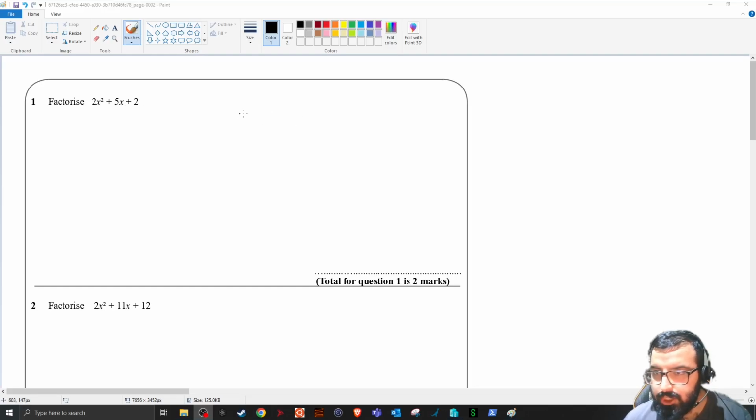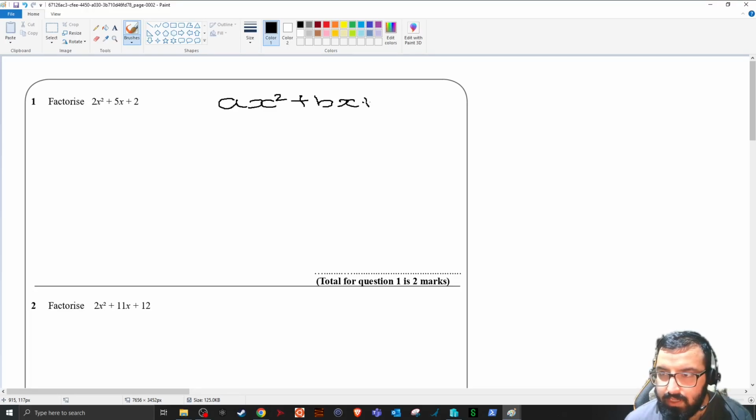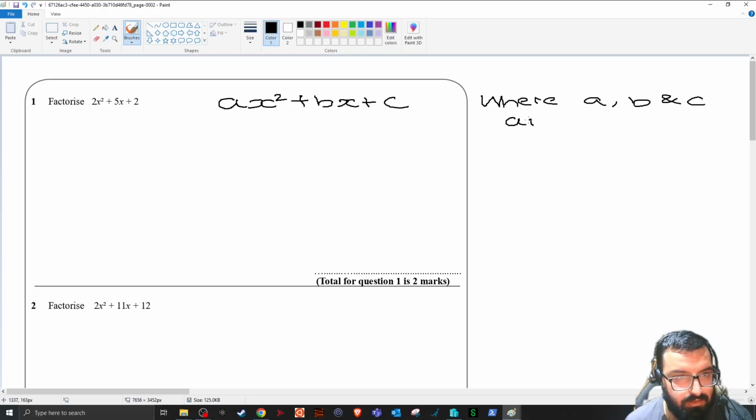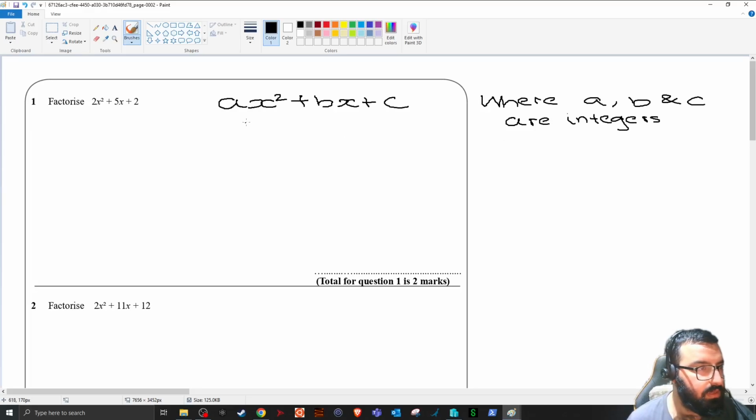The general format for any quadratic expression or equation, or in this case an expression, is always given in the format of ax squared plus bx plus c, where a, b and c are integers. So a, b and c are just normal numbers.